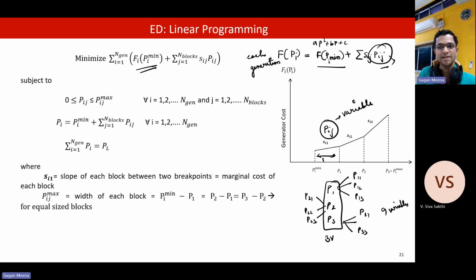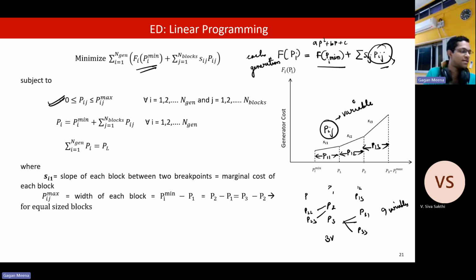So this is Pij here, not Pi. Let's say P11, this is P12, this is P13. P11 is between 0 and this value, P12 is between 0 and this value, P13 is between 0 and this value. This width we need to know. We already know that; that's the limit for each of these variables.